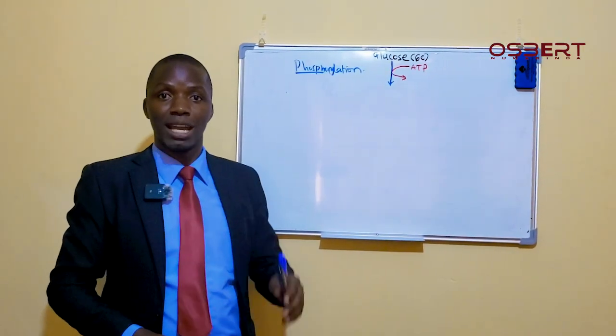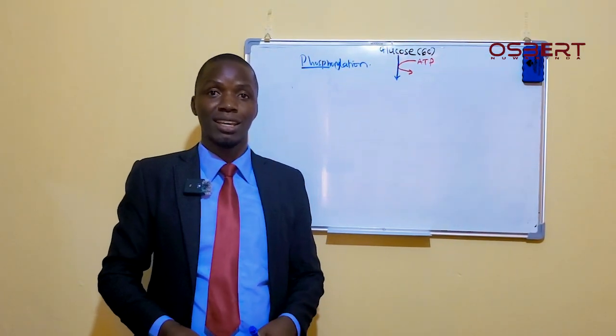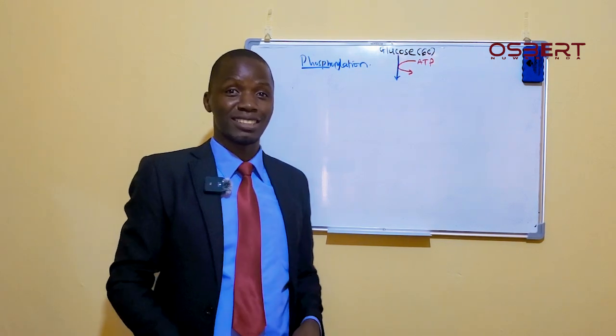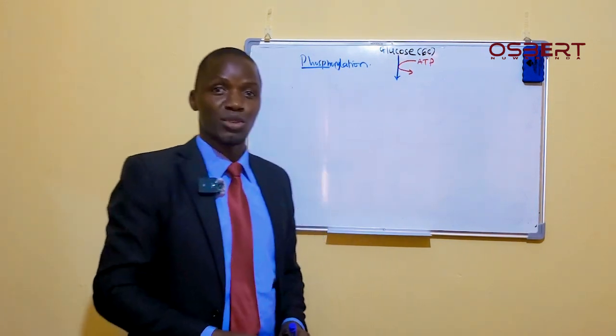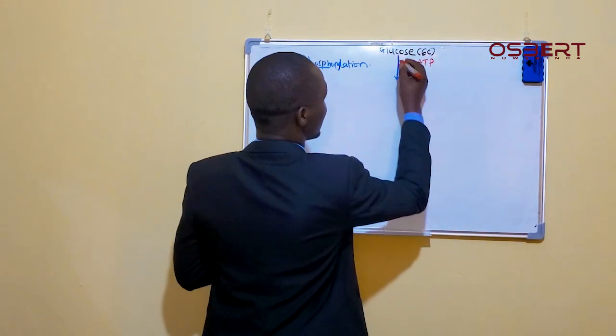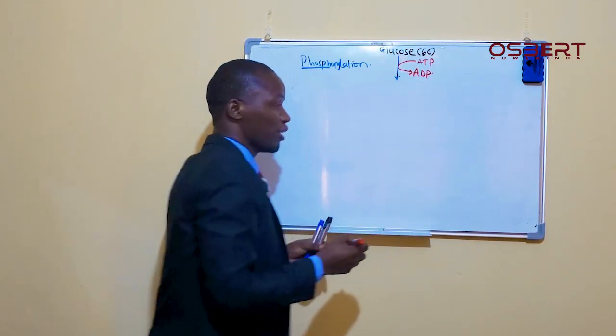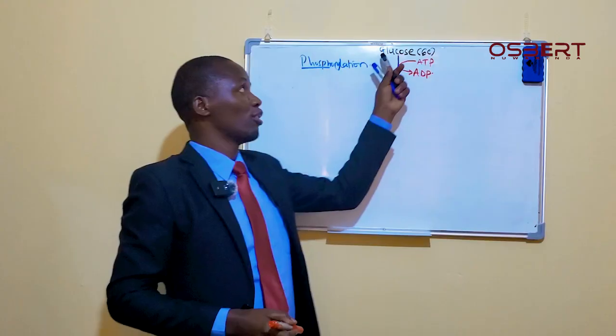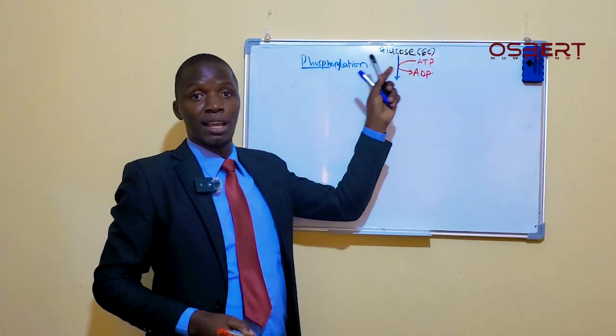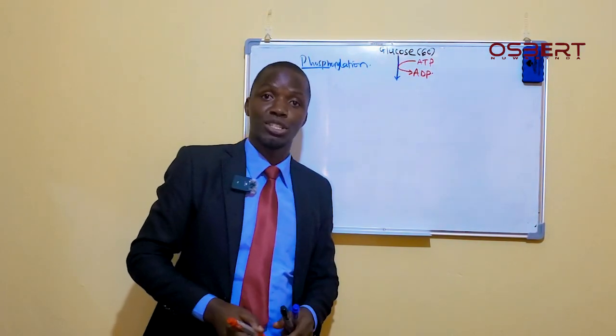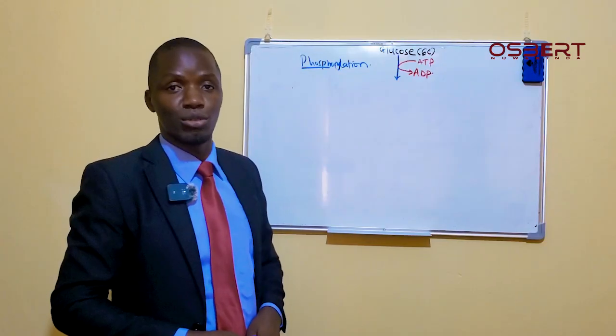And once ATP adds a phosphate to the glucose, that means the ATP would have lost a phosphate. And therefore, after it has lost a phosphate, this ATP will remain as ADP. And then the phosphate is what is going to be added to the what? To the glucose.